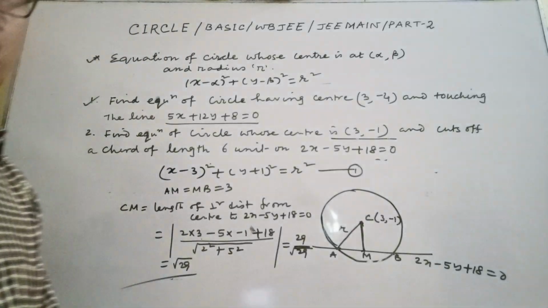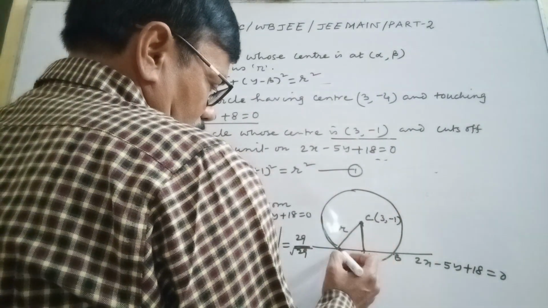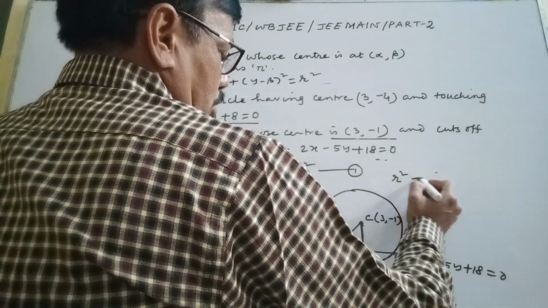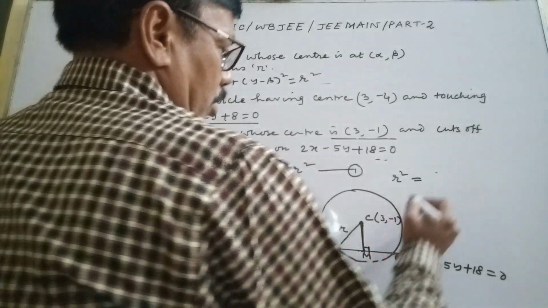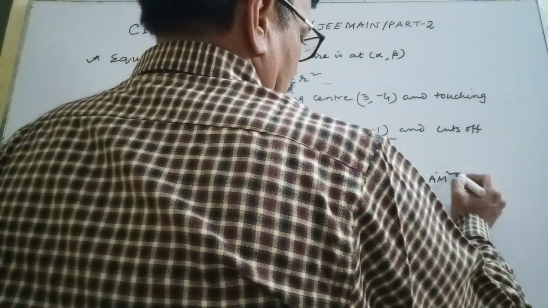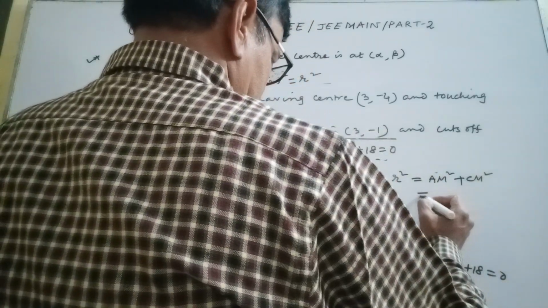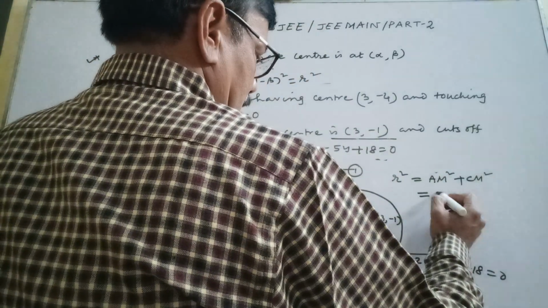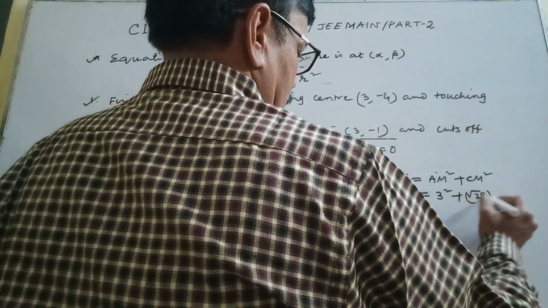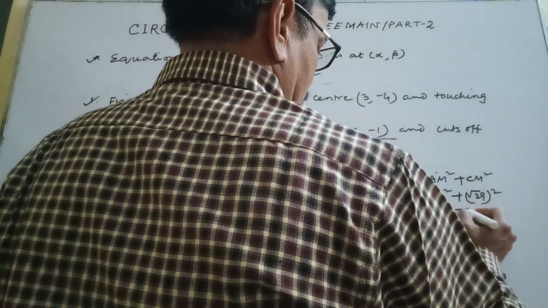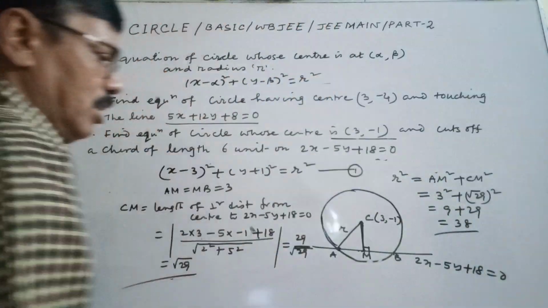Now we have to find r. So from figure you look, by Pythagoras theorem, r square equals to AM square plus CM square. So what is AM? AM is 3, so 3 square plus (root over 29) whole square. So 9 plus 29. So this is 38.